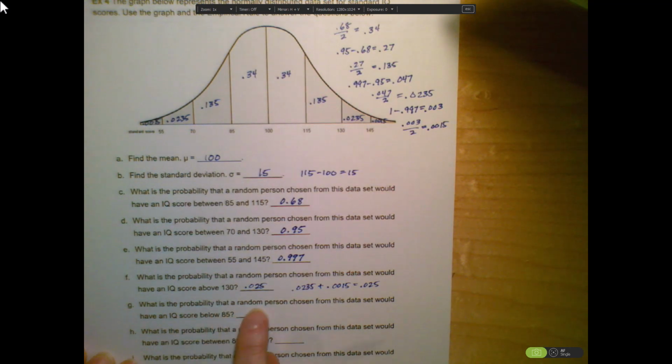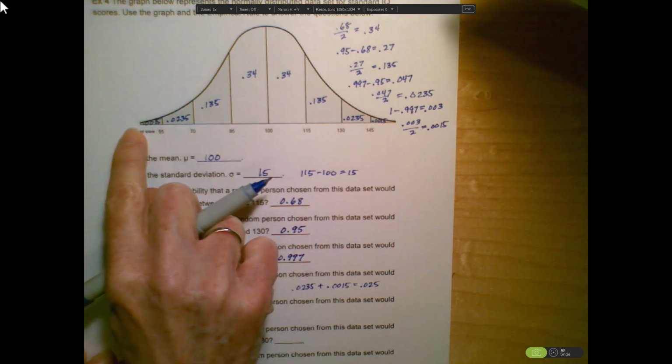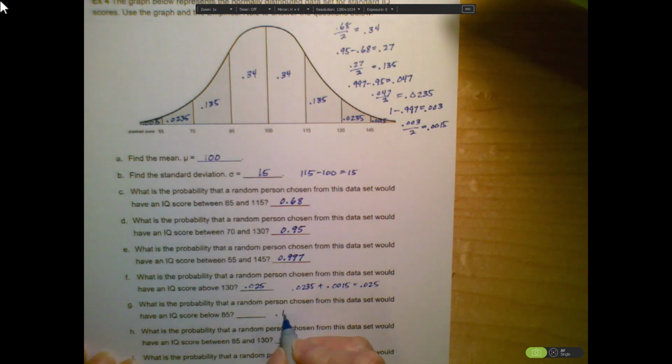What's the probability that a random person chosen from this data set would have an IQ score below 85? So below 85, we need 0.135 plus 0.0235 plus 0.0015. Everything below 85. And that comes out to be 0.16.